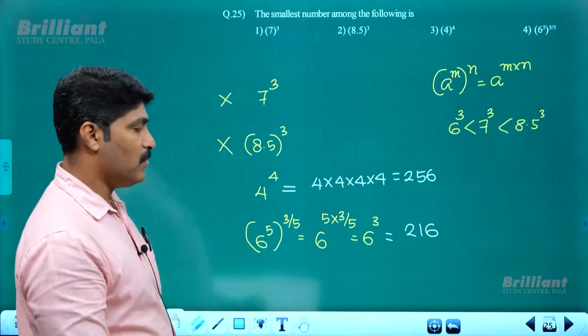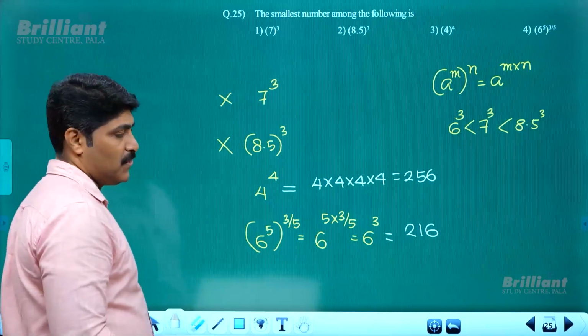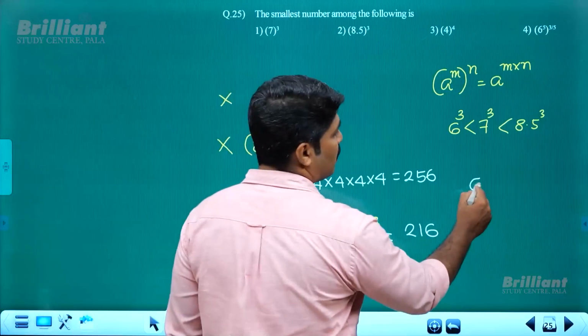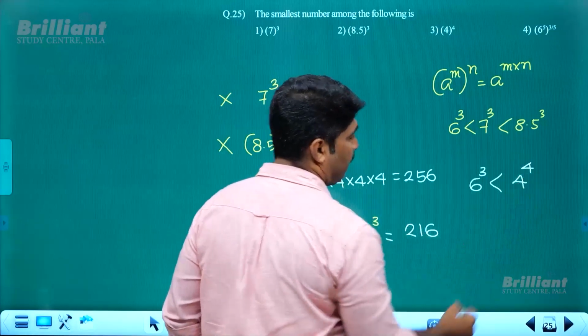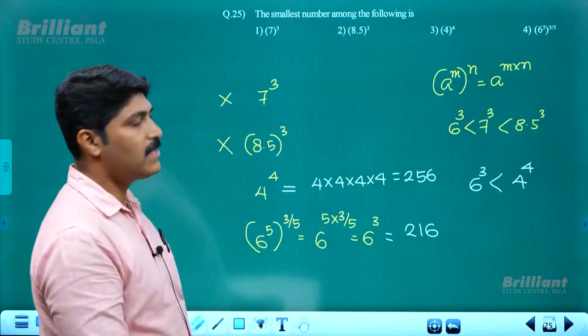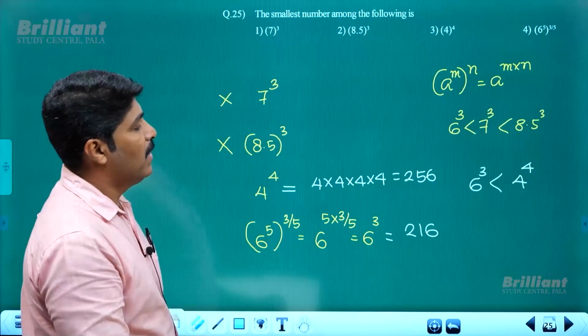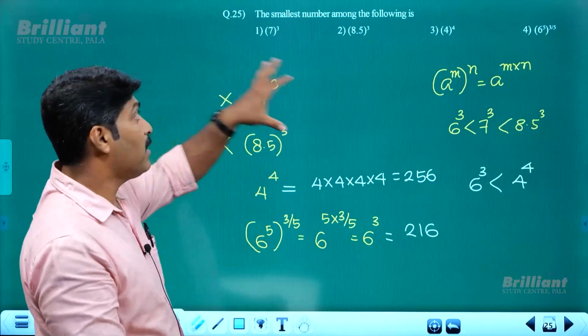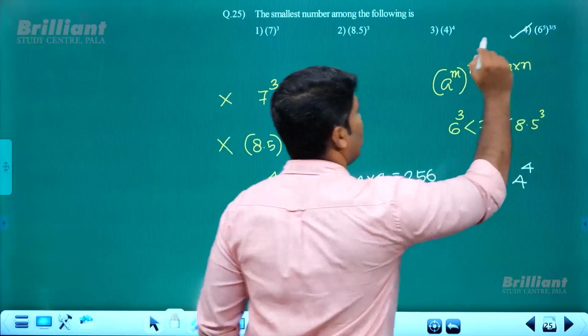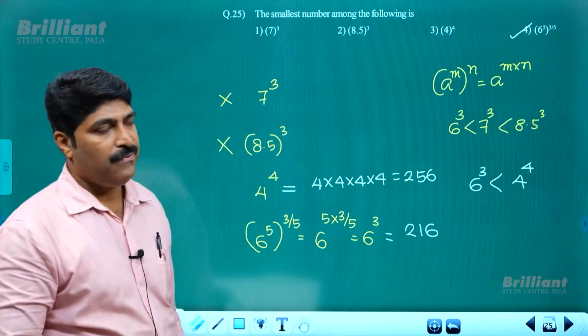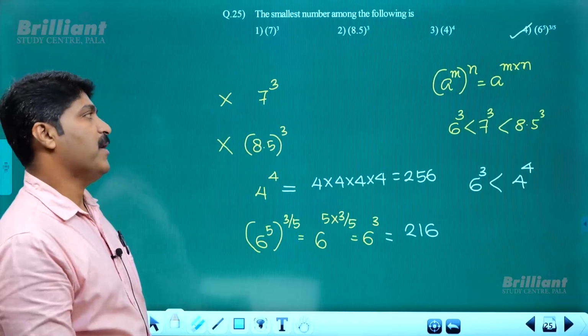Out of these two values, which is least? Here we got 6 cube is less than 4 raised to 4. Therefore, which is the least among all these values? So here the smallest value is 6 raised to 5, the whole raised to 3 by 5.